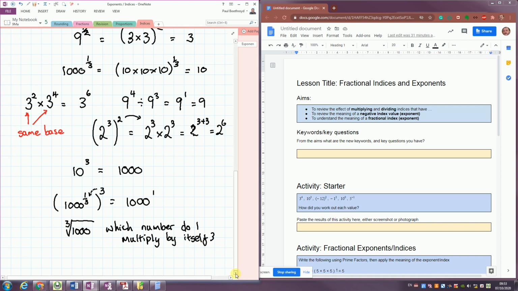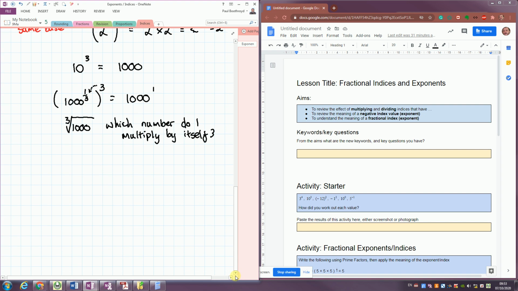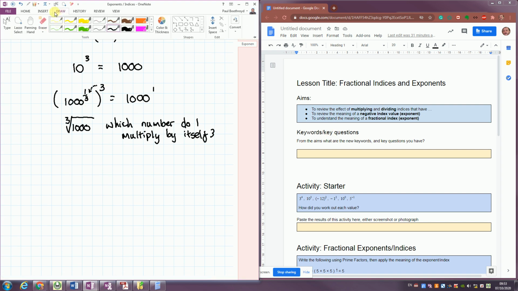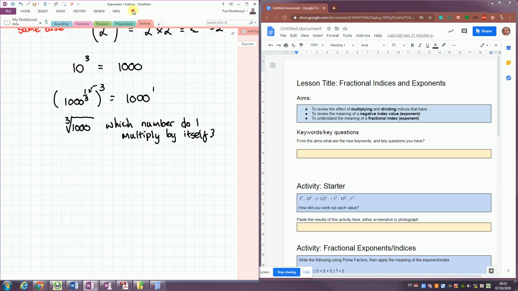Last example, and then you're free to have a go at all the exercises on here. Let's see how we can do 64 to the 2/3. So we need to split this into 2 bits. And there's a choice here.